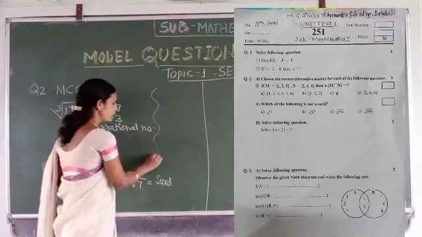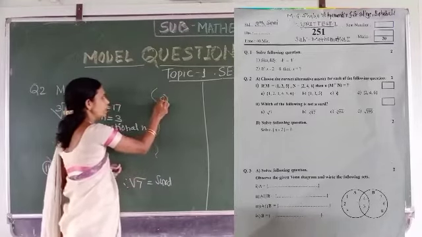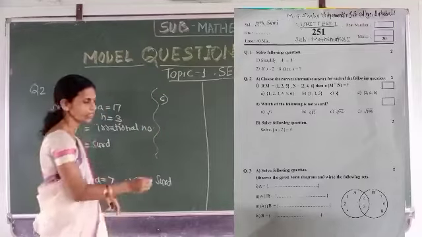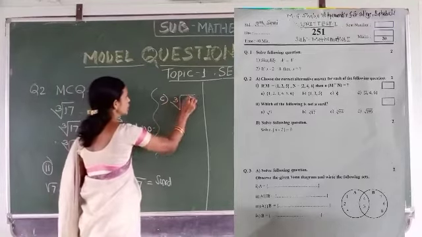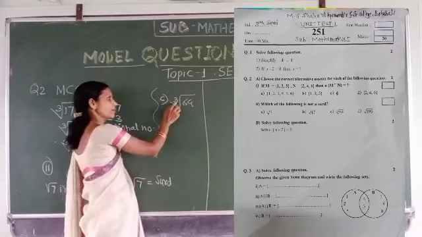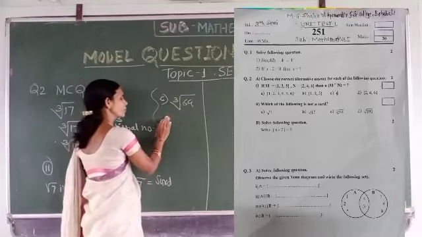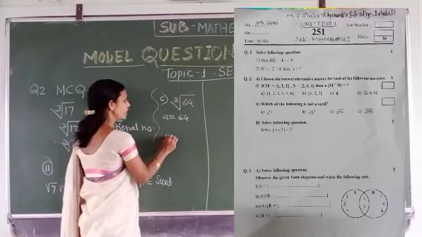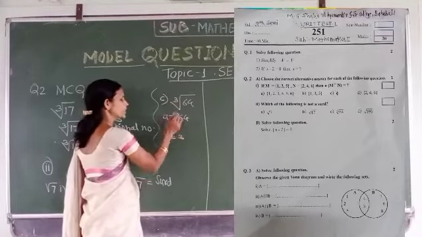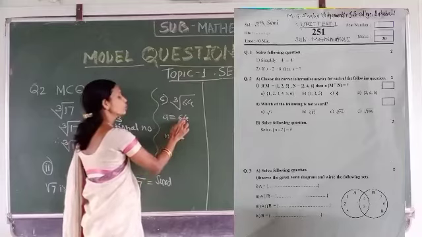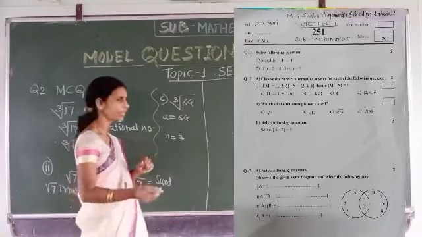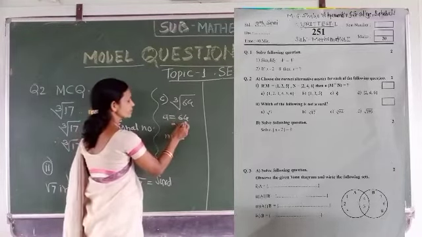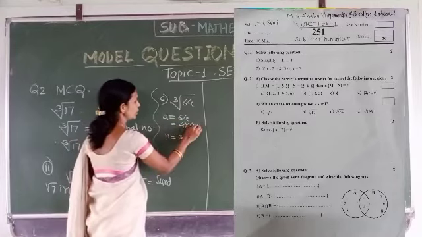Then one more alternative, that is alternative C, which is given here: cube root of 64. See here, a is equal to 64 and n is equal to 3, that is, the degree of the surd is 3. All of you are aware that 64 is 4 into 4 into 4.